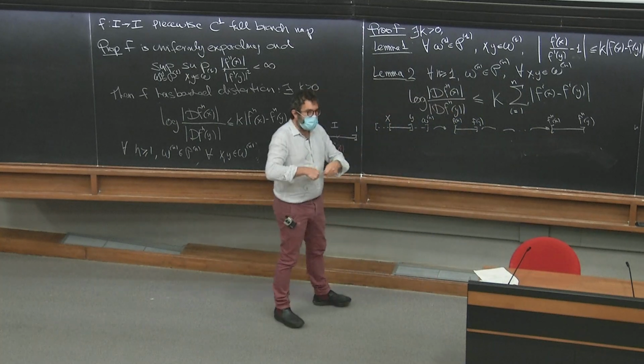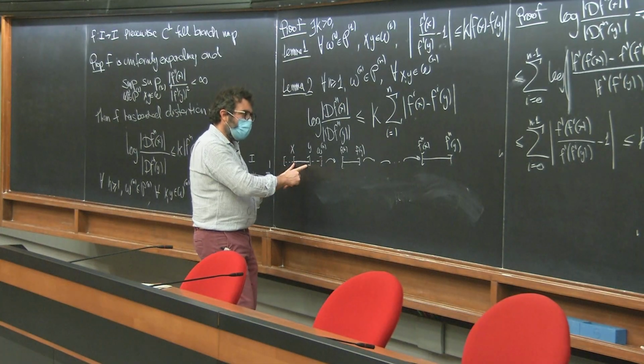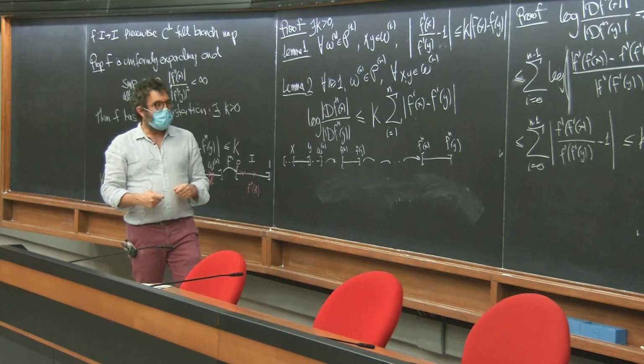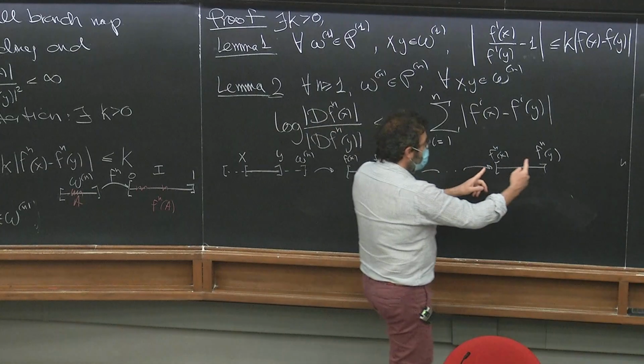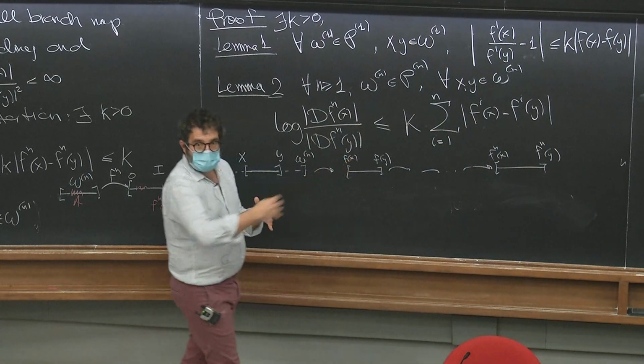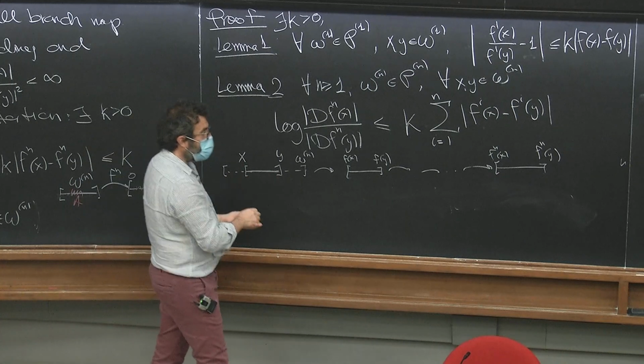So this uniform expansion means that if you take a little interval, then it is growing exponentially fast by the mean value theorem. But we know that at the end it will land in something that is less than 1, and it lands bijectively, diffeomorphically, right? So this one is exponentially small.